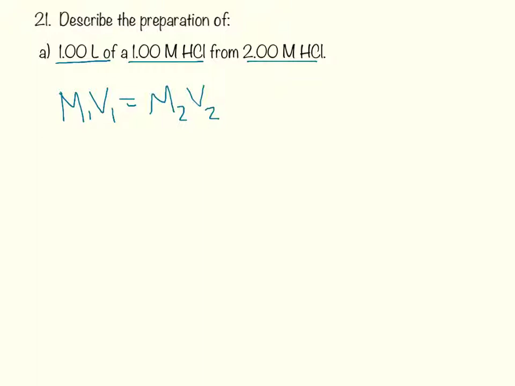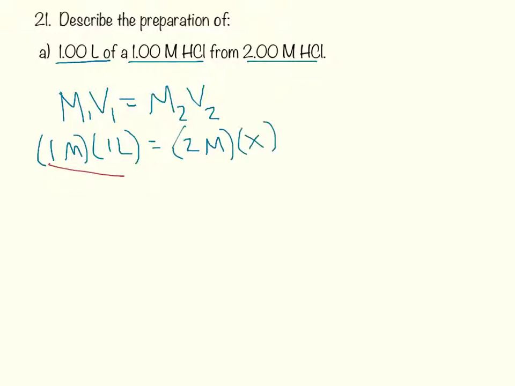Plugging in the numbers from the problem, I have 1 molar times 1 liter is equal to 2 molar times X. Divide both sides by 2 molar so that it cancels, and I end up with X equals 0.5 liters.